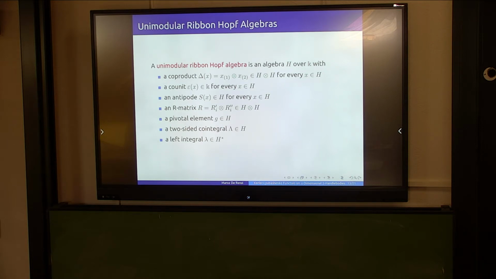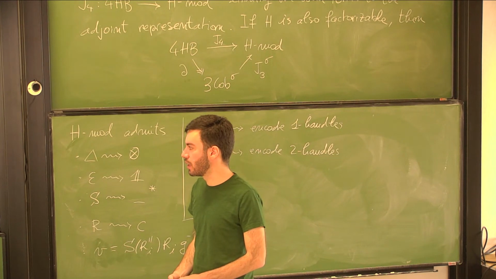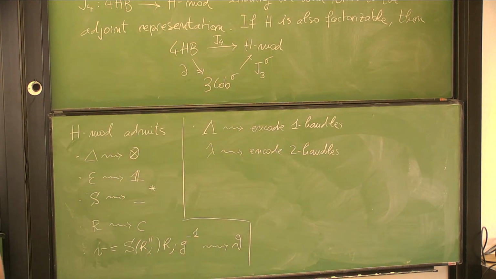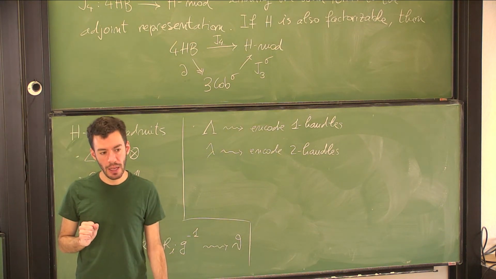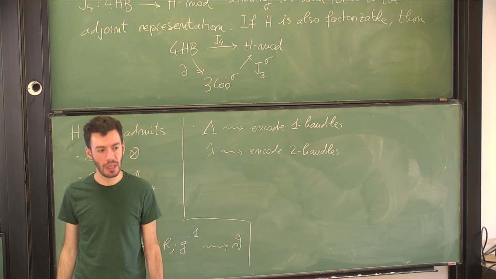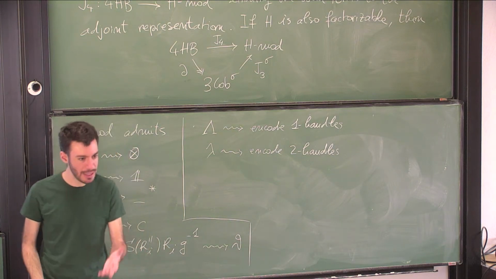Not necessarily? I'm not sure. I would say yes. The co-integral exists every time it's finite dimensional, and then you need to check that the antipode is, yes. So this is the question. I think yes. I think this is the case.